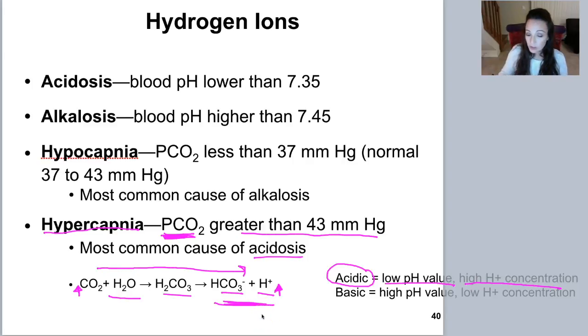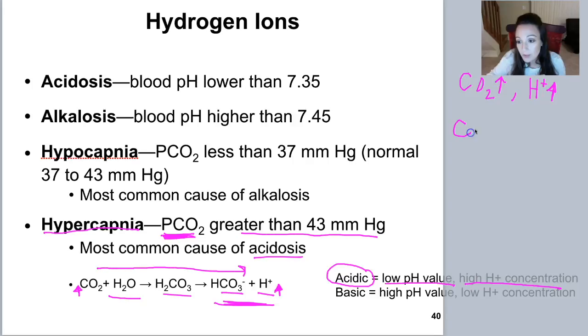Another trick you can use for this, and this is just a trick, it's not a full understanding of this, but as a quick way to memorize this, you can memorize that whenever our CO2 levels are high, that will cause our hydrogen ion levels to become higher, to increase as well.